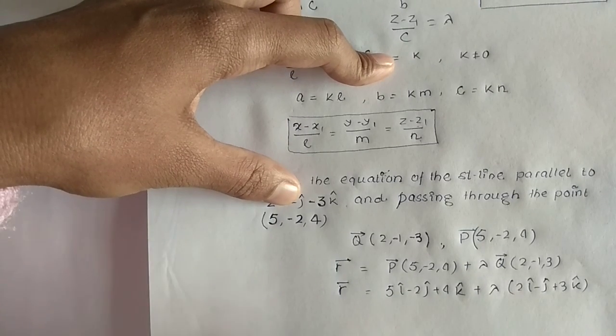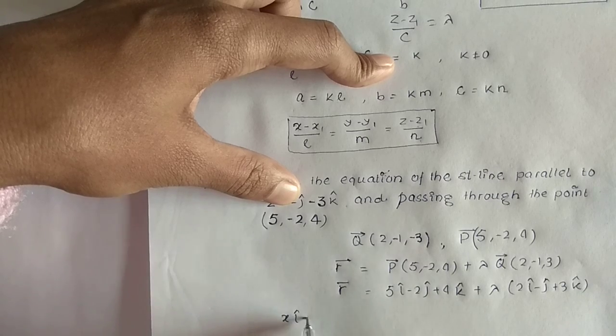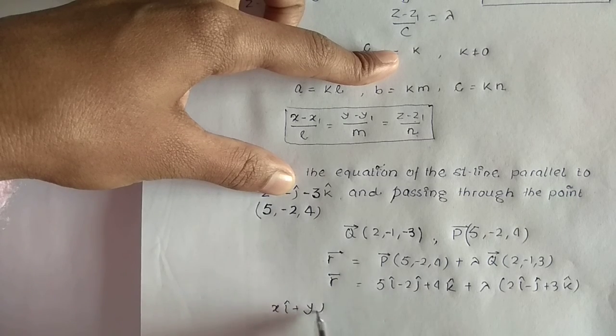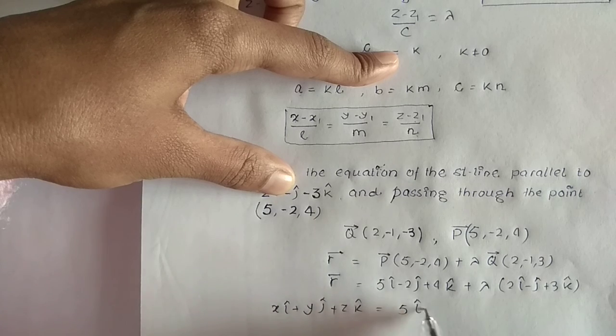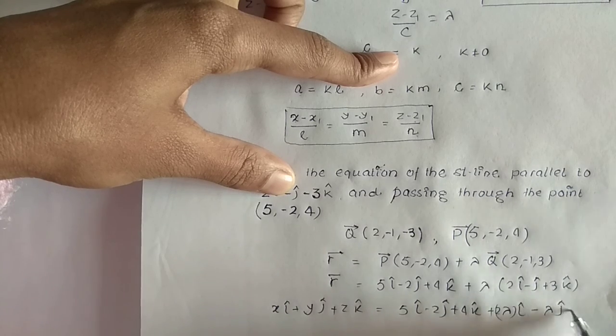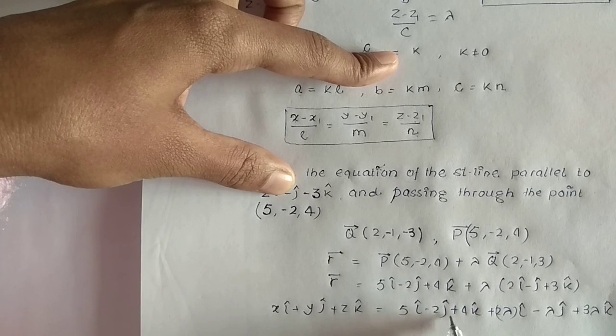Actually, if we change to the Cartesian equation, we must write xi plus yj plus zk, and on the right side the vector difference.